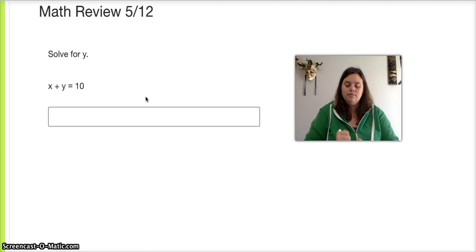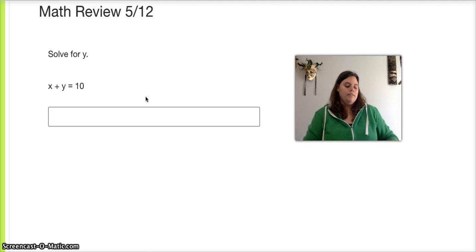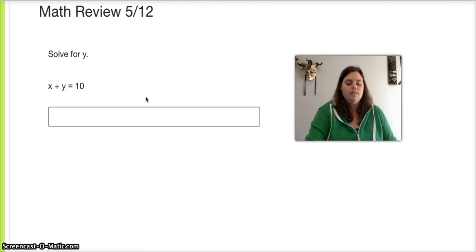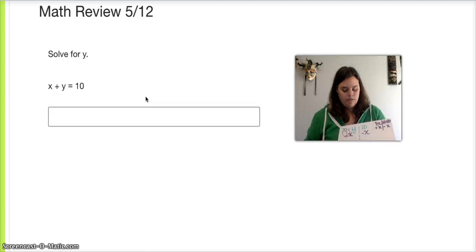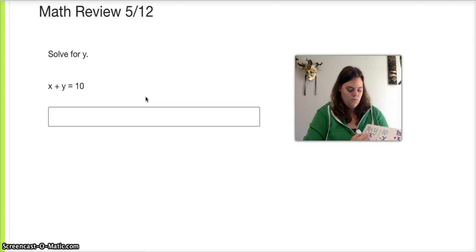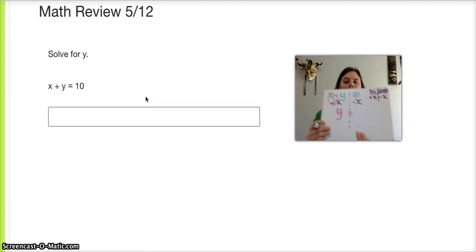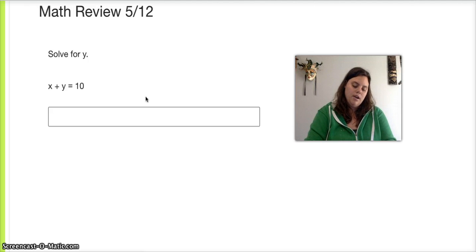Once I do this, on the left side, x minus x will make a nice big 0, and I'll be left with just y. On the right-hand side, I've got 10 minus x, so I'll write 10 minus x.